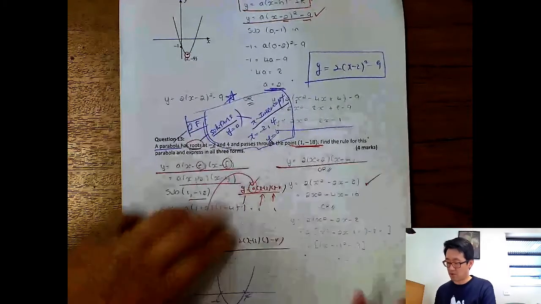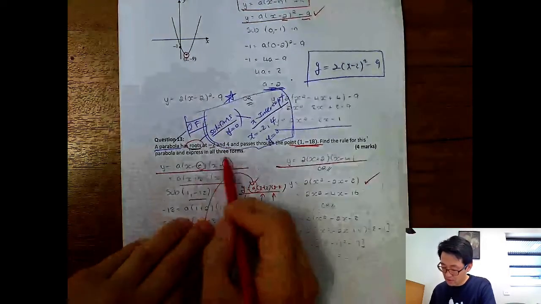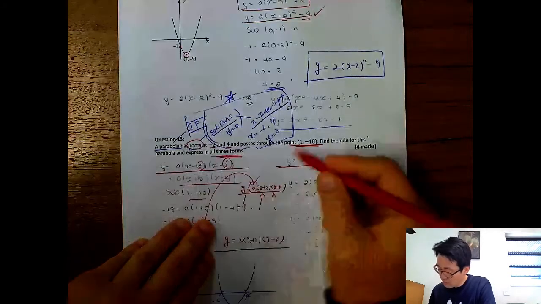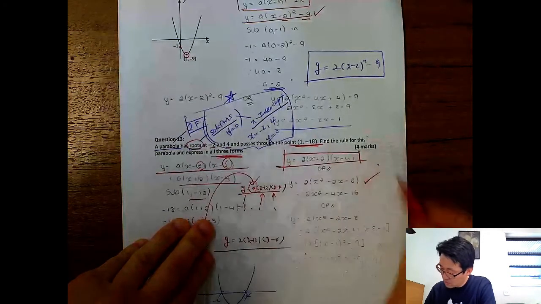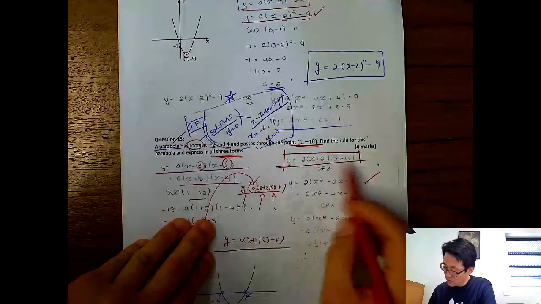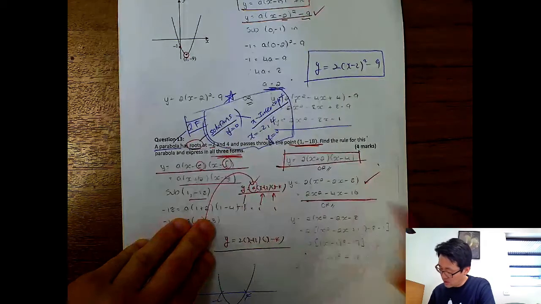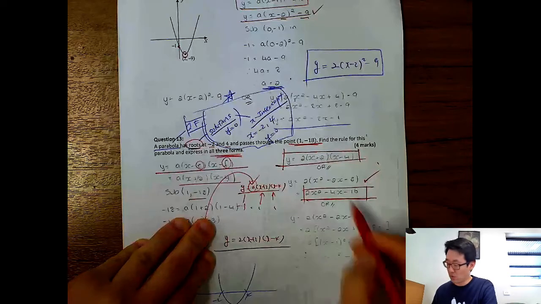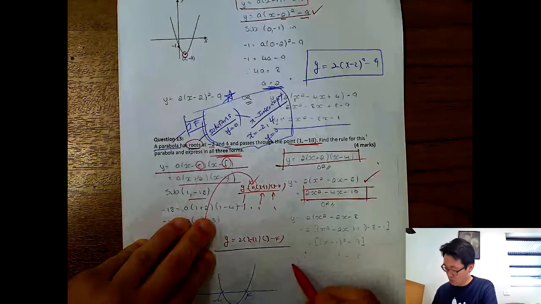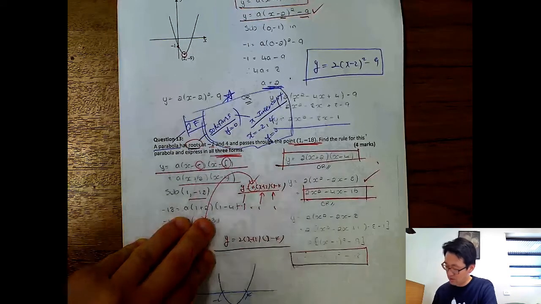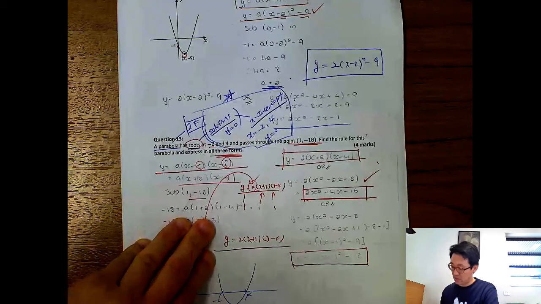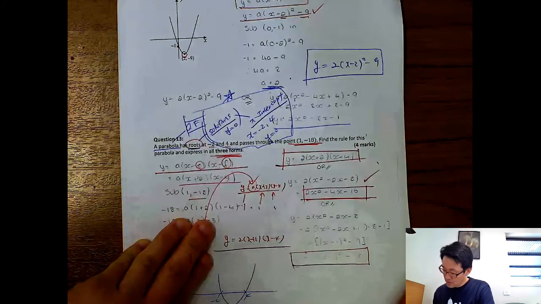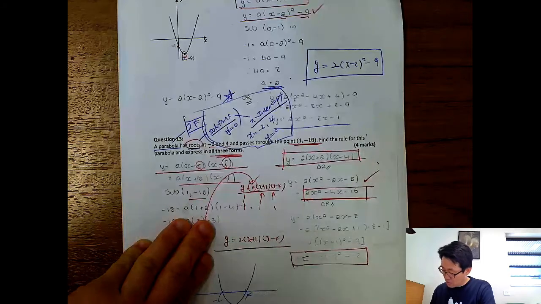Doesn't really matter. Depends on any form. Oh, they actually said all 3 forms, so you can get that. When you expand, you will get the general form, and then also I can complete the square to get this. Okay, I can complete the square. Everybody happy with that? Yeah.